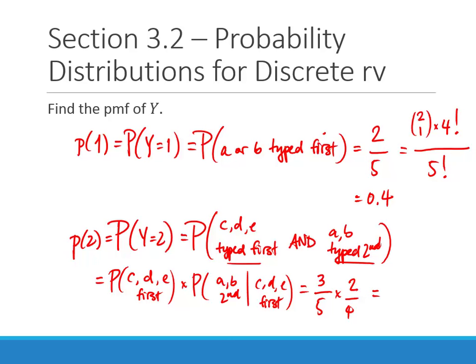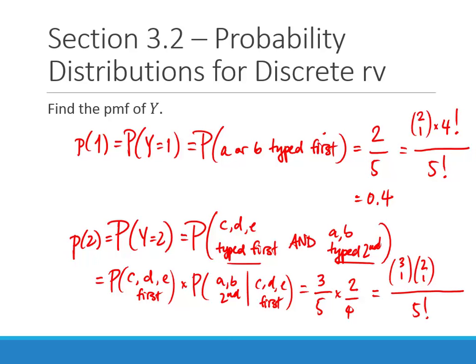Another way, using more of a counting argument, which we can jump to straight from that first line. If I want C, D, or E typed first, and then I want A or B, this is going to be a fraction. We have 5 factorial total things here. For my first slot, I have 3 choices, so I have 3 choose 1 for my first position. For my second position, I need it to be one of A or B. So I have two items there, and I need to choose one of them, so multiply that times 2 choose 1.